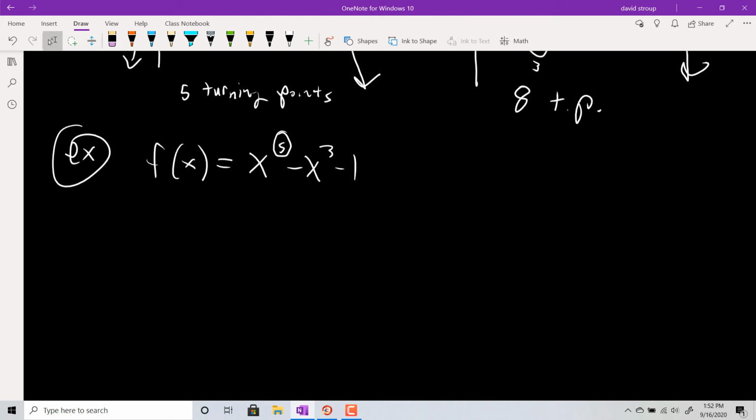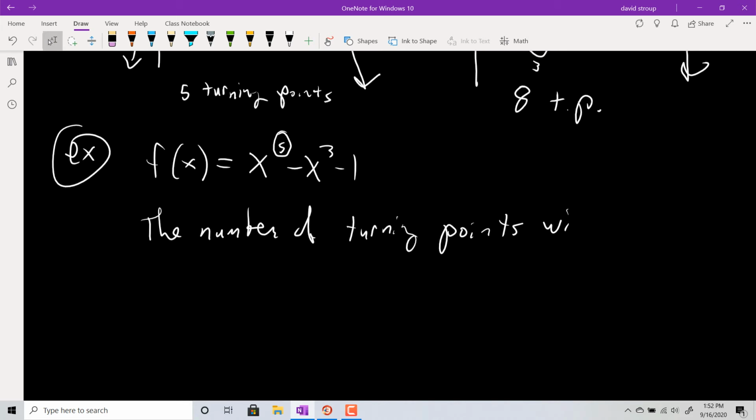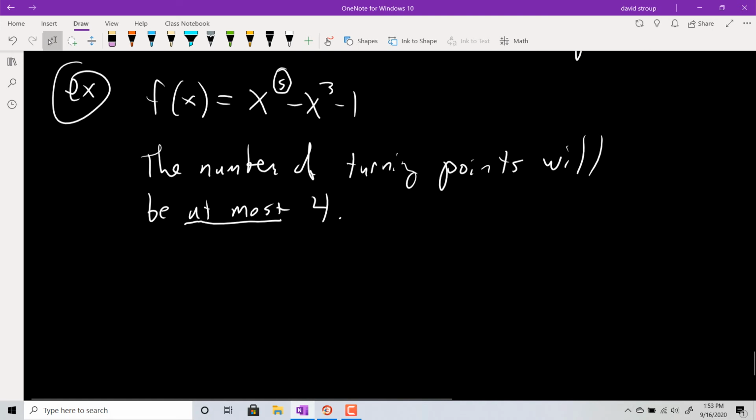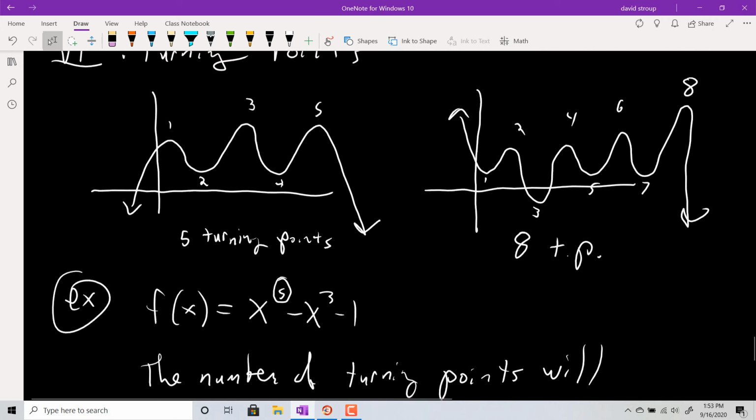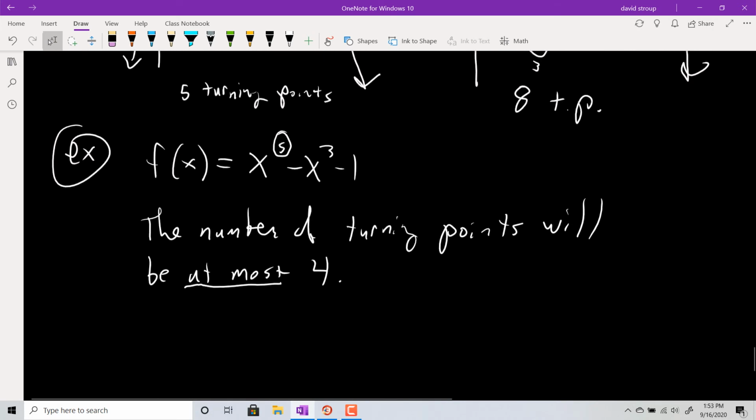So if the degree is 5, the number of turning points will be at most 4. Now, it can have less. I don't want to lead you into a false sense of understanding. This is just a maximum value. So it's a helper, it can help you draw the thing, at most 4.